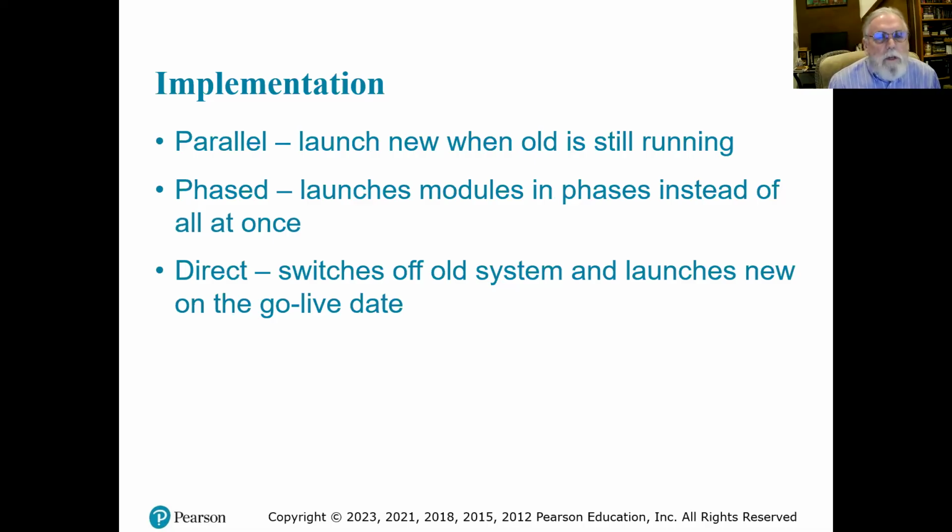That's why I said I really like the parallel version where you can have both of them running, and you can even, with software tools, do what's called an A/B switch, where the user will be directed either to the old system or to the new system at random to see how things are working. So there are ways that you can have both systems actually working at the same time.